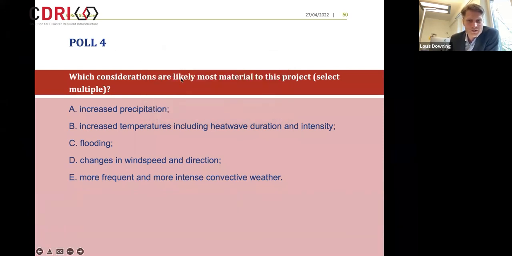So increased precipitation was really interesting from an operational perspective, because in certain events the airport wouldn't be able to operate as usual if precipitation was particularly bad. And then also looking at the downstream impacts of precipitation.